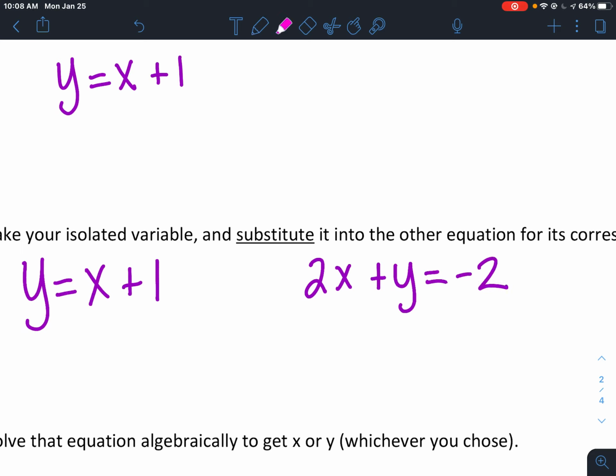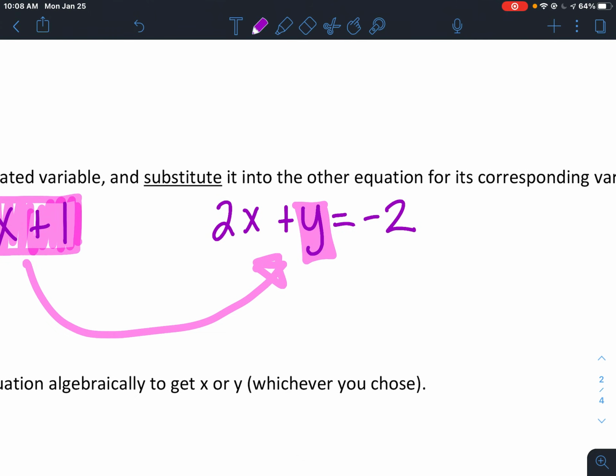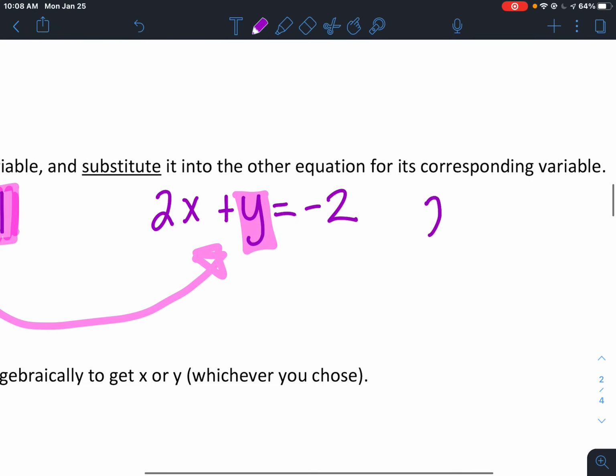I'll use my highlighter so you can see what I'm doing more clearly. That's what y equals, so I'm going to plug it right in for y. I will use parentheses just to distinguish what I'm putting in here. Let's write it below so we can see it a little better.